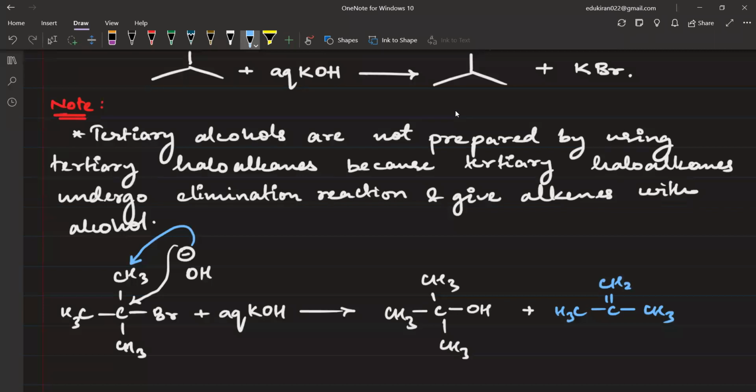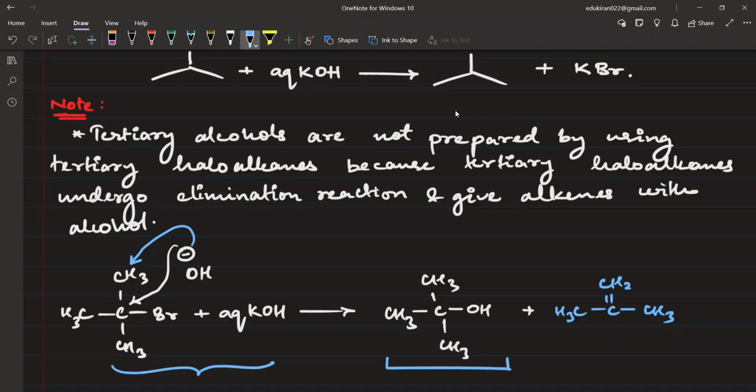Please remember, whenever they ask you to prepare a tertiary alcohol, you will never use haloalkane. But if they give you this reaction, then please just make this product, the alcohol. That's it. Don't bother about the alkene, because alkene will be present.